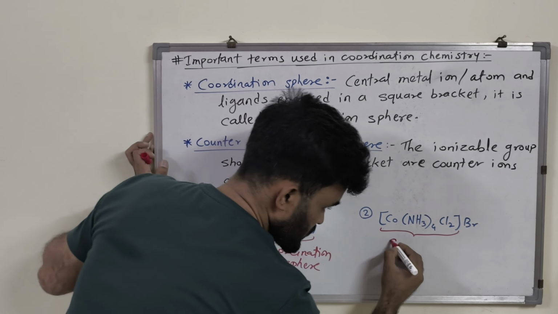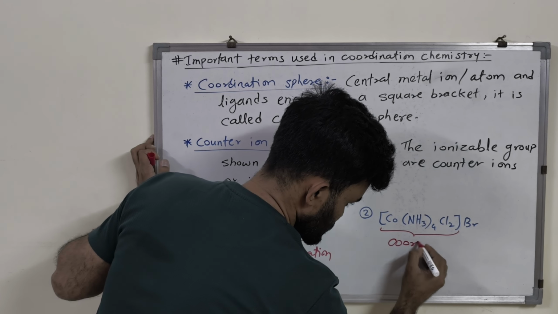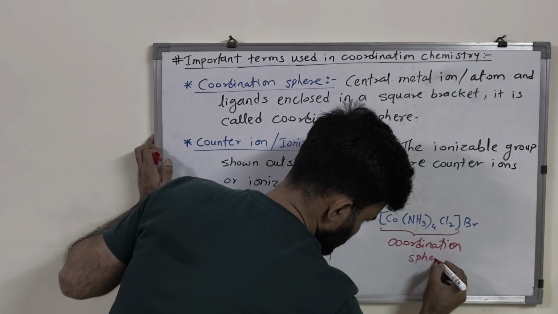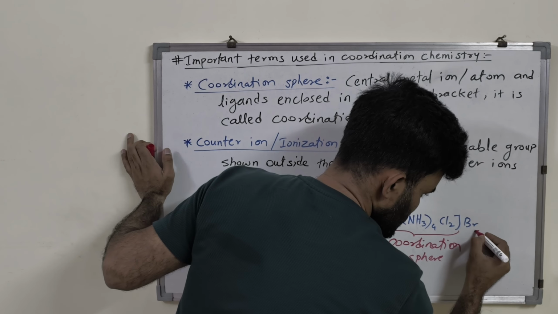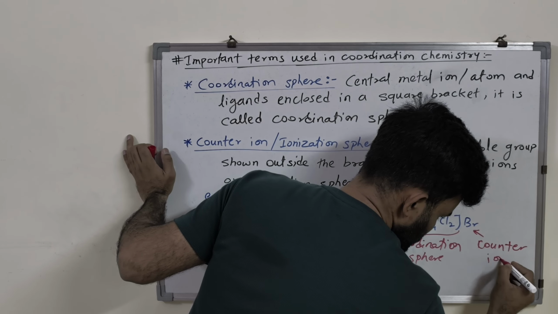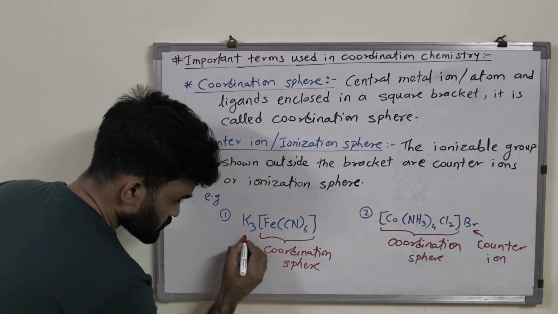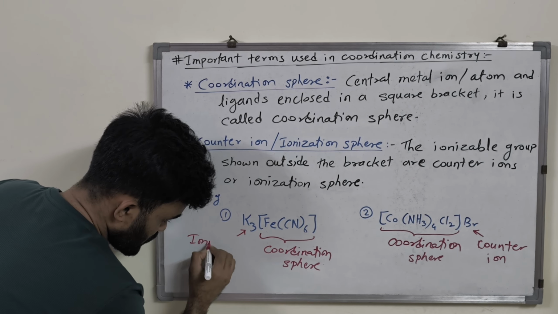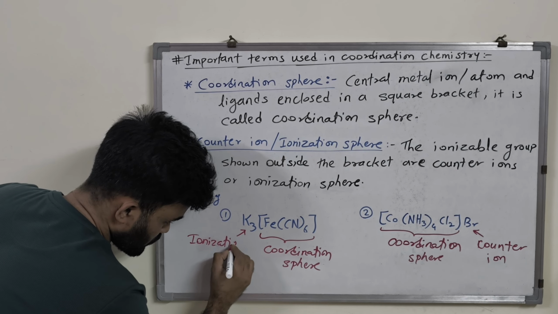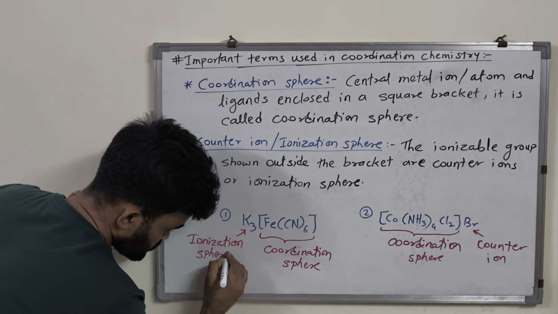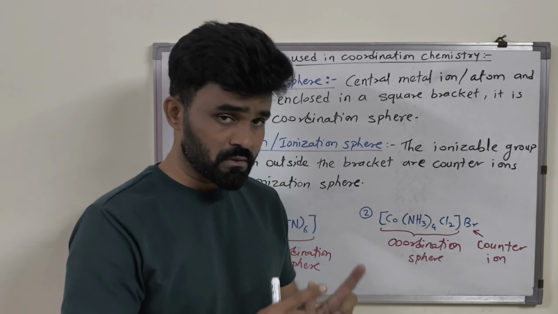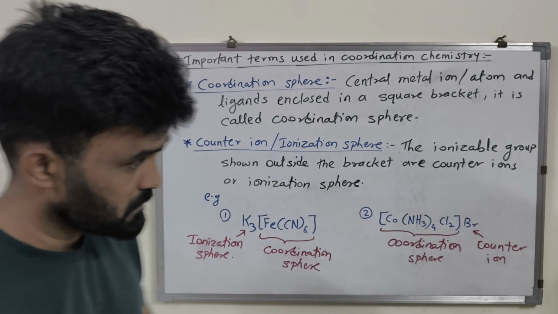So this is the coordination sphere, and this will be called the counter ion, or I'll call it ionization sphere. Okay, very easy, simple term. Let's note down. We'll see you in the next topic.